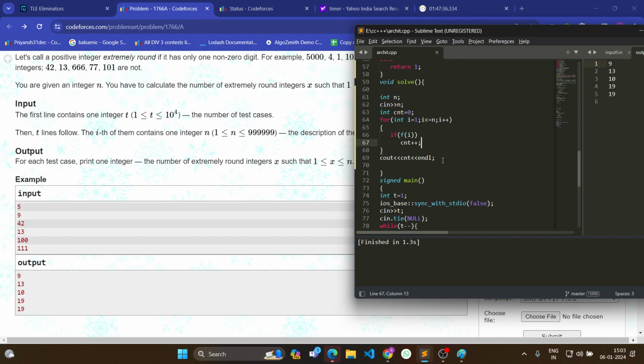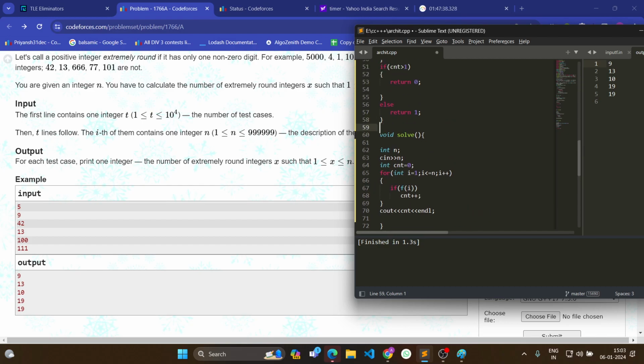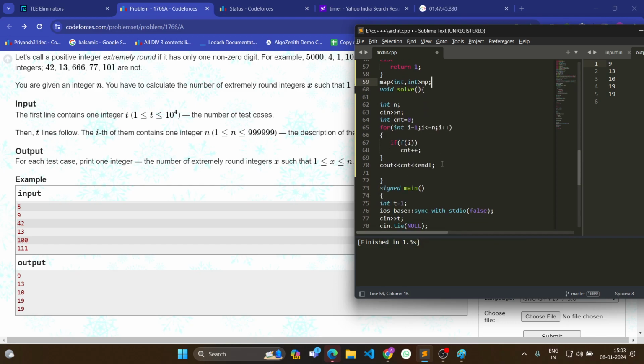What if I pre-computed these values? Will that work? Like a sort of a prefix sum.